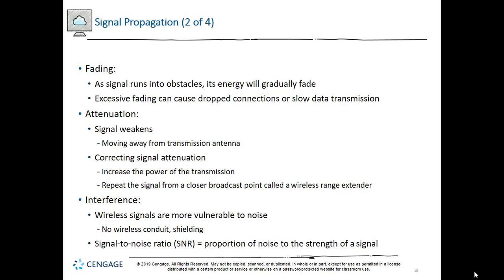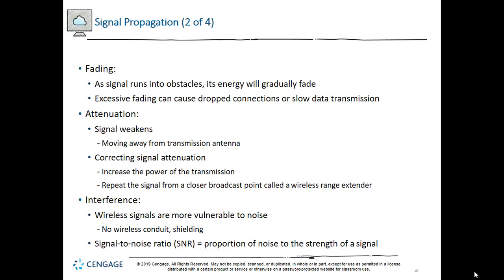Interference, on the other hand: we have electromagnetic waves in the atmosphere that interfere with our wireless communication. These are called electromagnetic interference, and it affects wired transmissions as well. Because wireless signals cannot depend on a conduit or shielding to protect them from extraneous electromagnetic interference, or EMI, they're more vulnerable to noise than wired transmissions are.